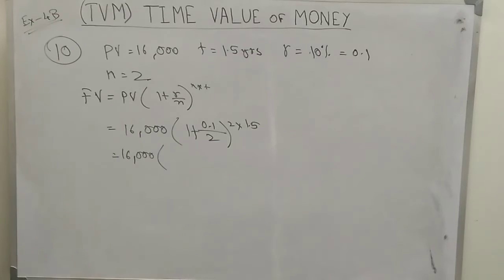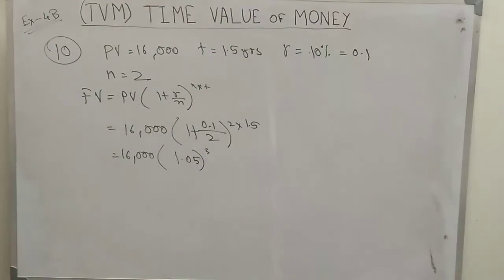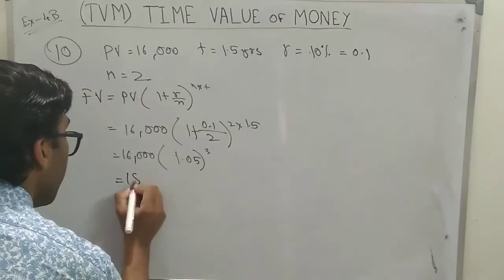That means 1.05 to the power 3, since 2 into 1.5 is 3. Then 1.05, press the multiply button one time and equal to two more times. The value comes as 1.157625. Multiply this amount with 16,000.